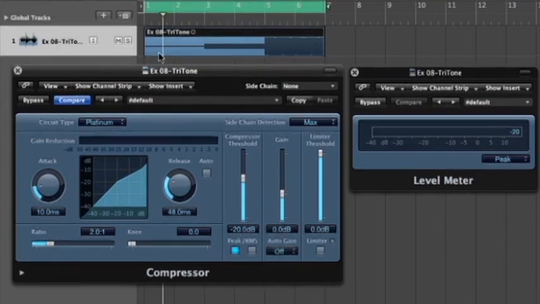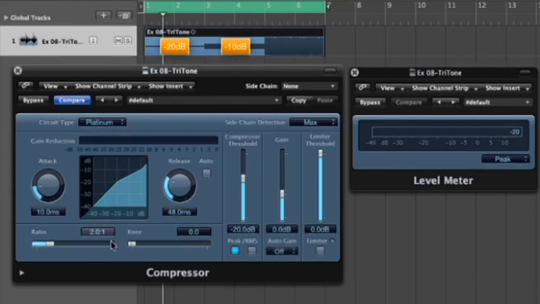What we're going to do is go between this portion and this portion. Remember, this is minus 20 and this is minus 10. So when the playback head crosses across here, how much more level is going to be coming into this compressor? There's going to be 10 dB more, right? Right now with the threshold at minus 20, nothing's happening here, but as soon as it hits this, we're going to be 10 dB over this threshold.